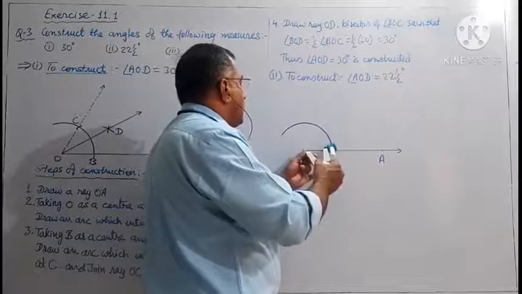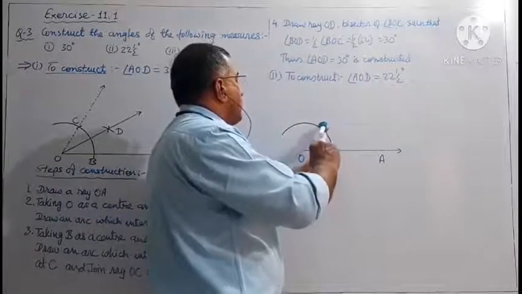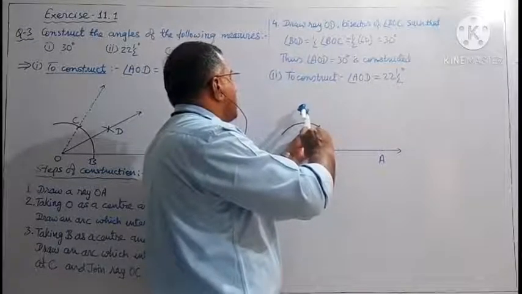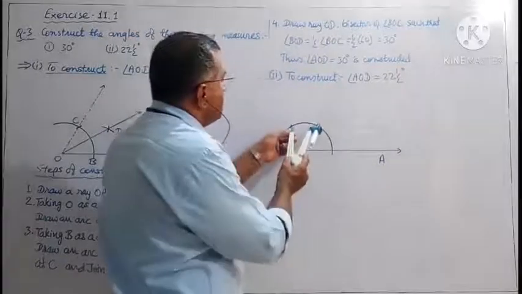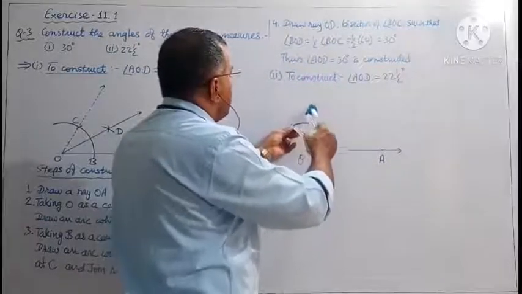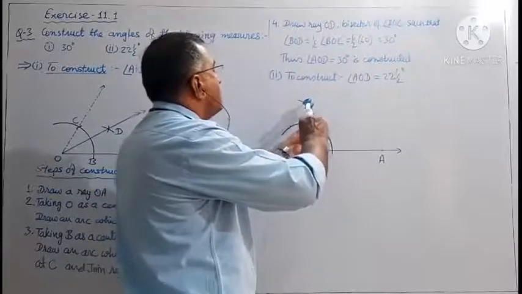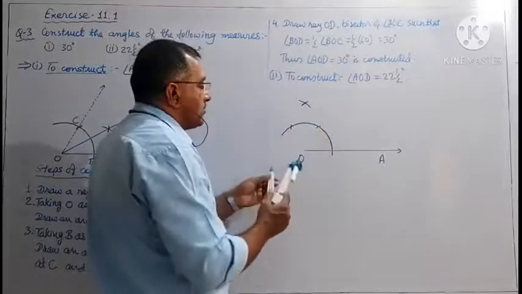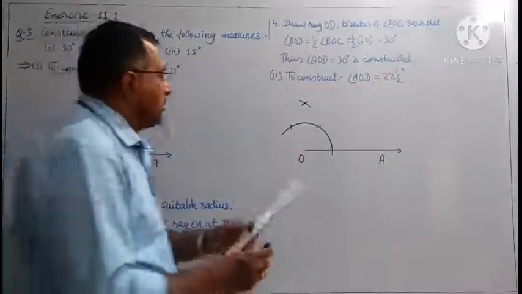Then taking this point, we have to draw first arc, then taking this point, second arc. Now using these two, we have to draw the arcs here, and thus we will get 90 degree angle AOB.